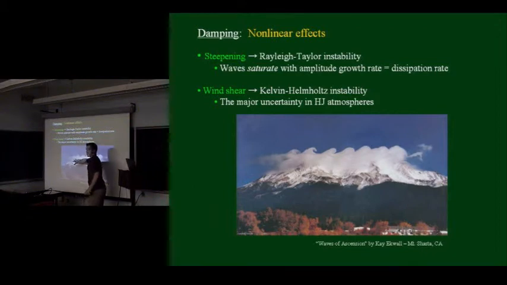So the waves being excited almost immediately damp in this case. Because the airspeed profiles of these giant planets are not well known, that's the major uncertainty, whether or not wind shear is going to kill off these waves at much lower altitudes than they might otherwise propagate to. And I can't speak to that today.